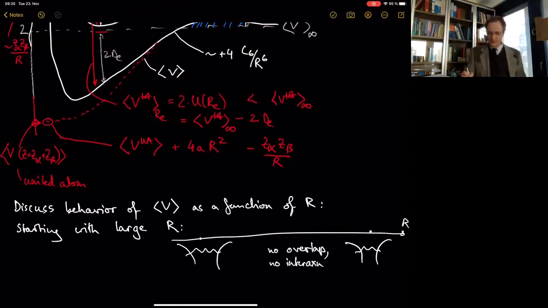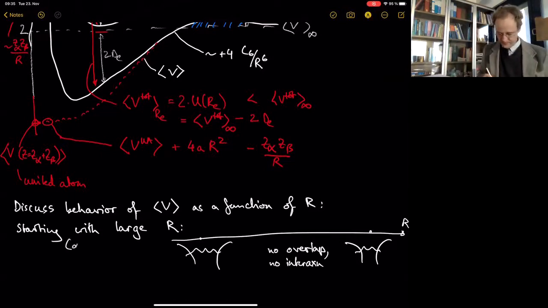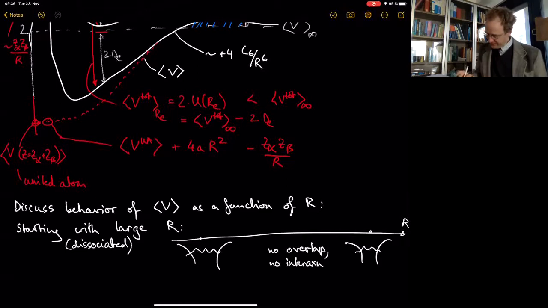So this is where we start from, right? This is the dissociated regime. And now, sorry, it's just some axes, this here, the distance R.